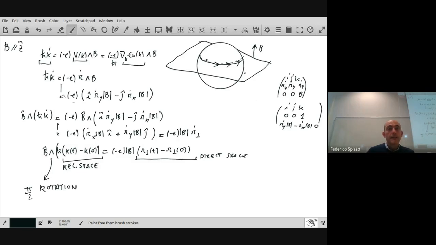If the intersection between, let's say, the plane orthogonal to B and the constant energy surface is a circle, as we have here in the reciprocal space, then the orbit of the electron in the real space is also a circle. So that is what you expect for an electron in free space.